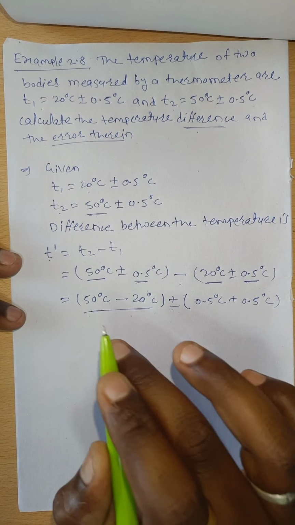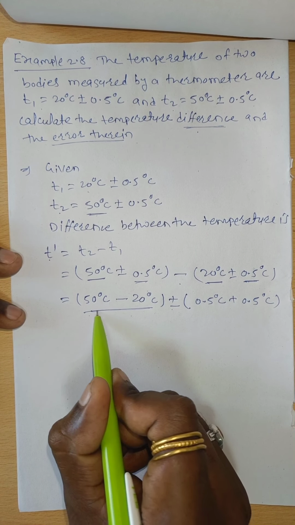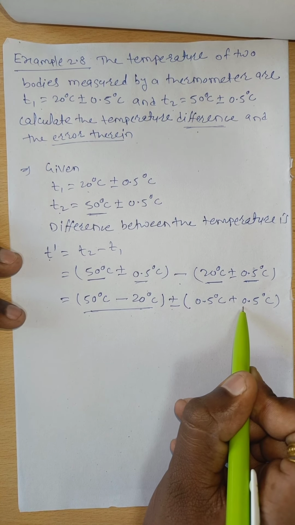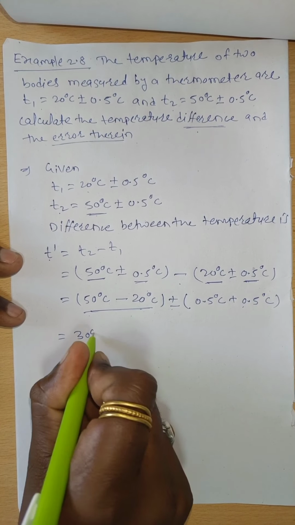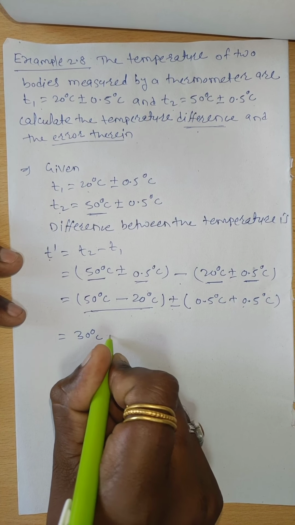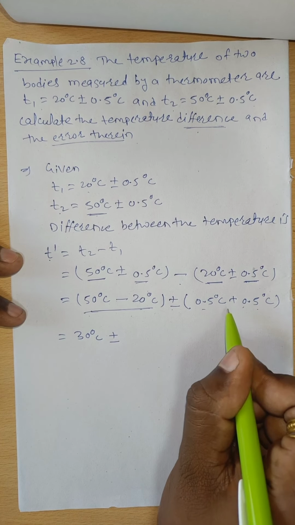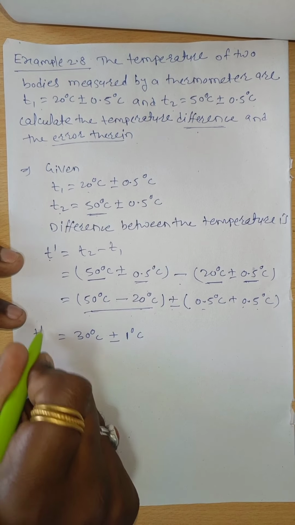While taking the difference of any physical quantity, we take the difference between their true values, but we add their errors. That is 50 minus 20, which is 30 degrees Celsius, plus or minus the addition of errors, 0.5 plus 0.5, which is 1 degree Celsius.